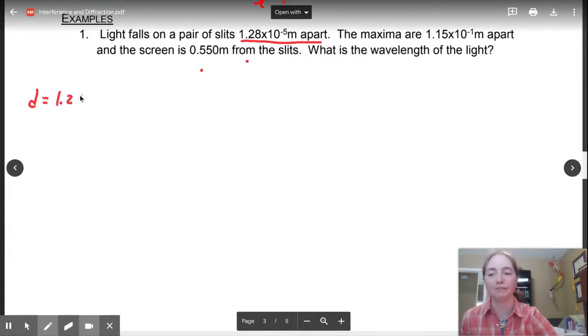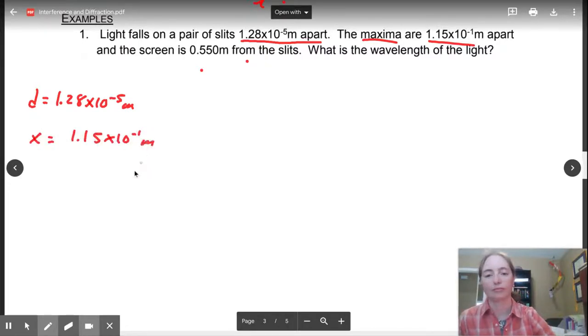And the maxima, remember, those are the bright lines, are this far apart. And the screen is that far away. So there's your L. What is the wavelength of the light? So we're trying to find lambda.